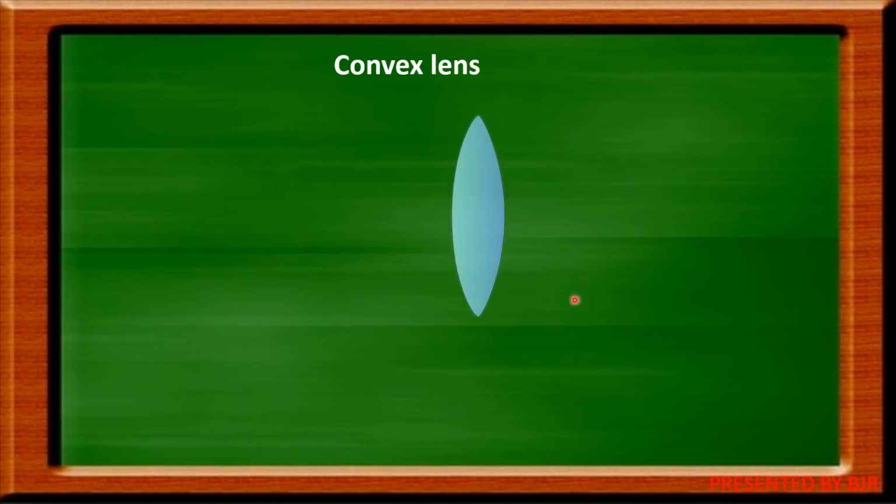Now, whatever terms we have learnt so far, I will show them for the convex lens. See here, this one is the convex lens and P is the optic center. Now, this point is C2, the center of curvature of the second curved surface like this.